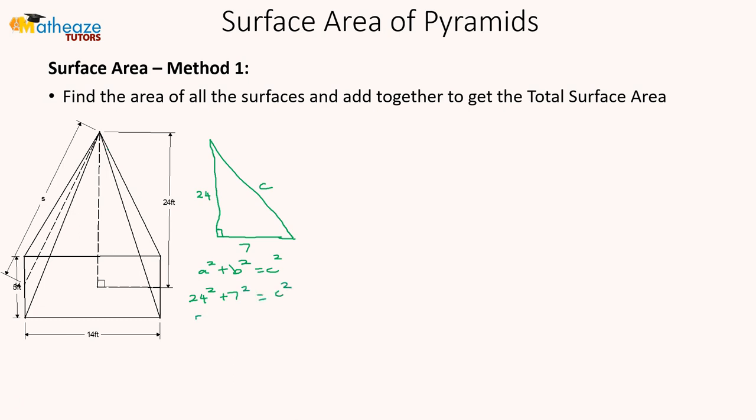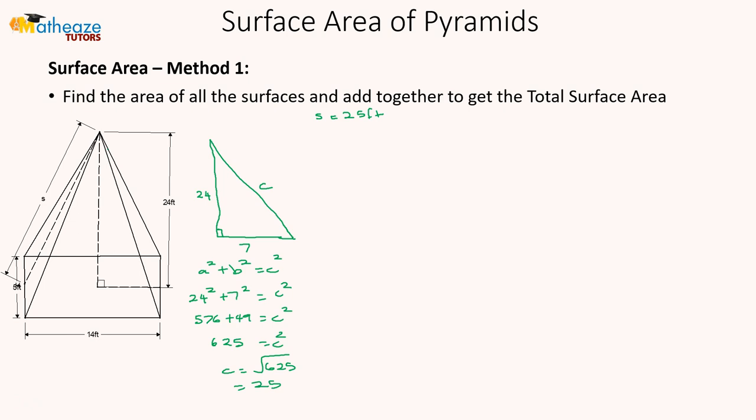So we have 576 plus 49 equal to c squared. 625 is c squared. So c is the square root of 625, which is 25. So let's call it our C, which is our slant height, S, is equal to 25 feet.